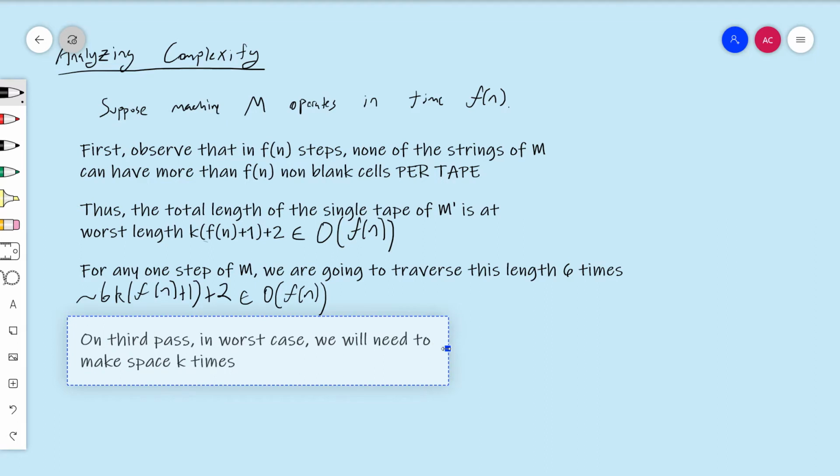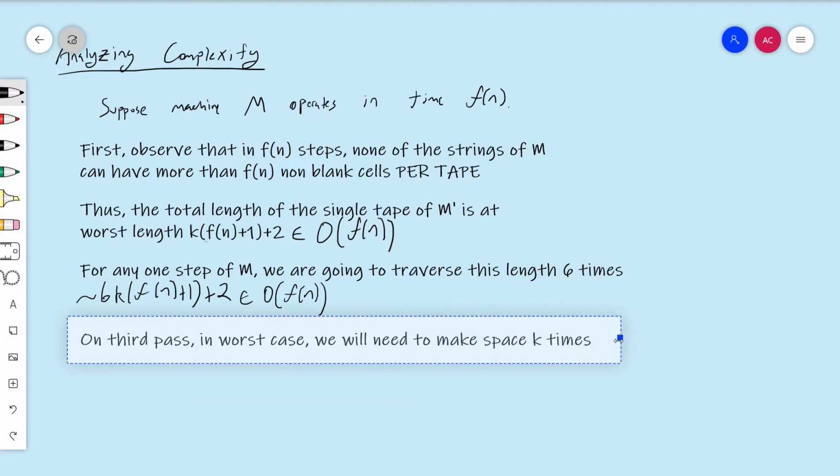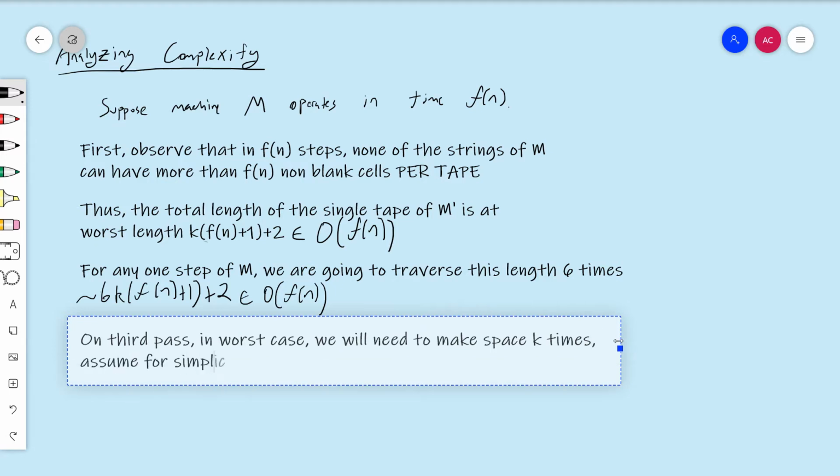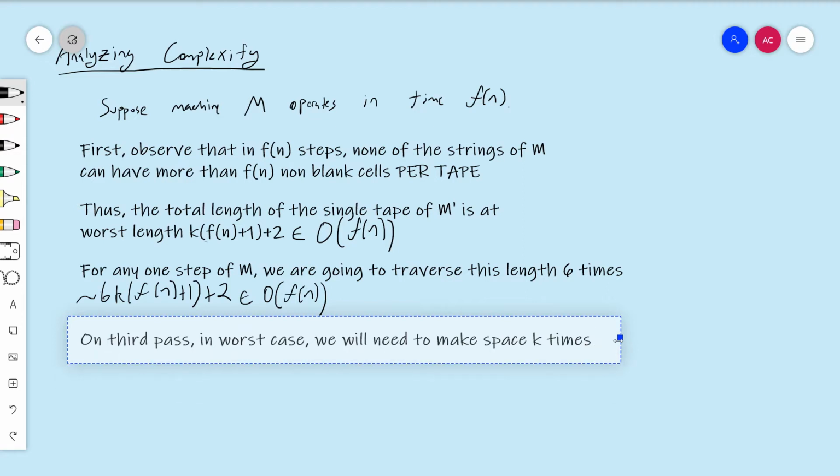That worst case is that I need to make the space at every single one of these, and we'll be extra pessimistic. We need to make space k times. We're going to be moving along a chunk of the string that is, more or less, again, O of f of n, because that's the length of the string that we need to move.